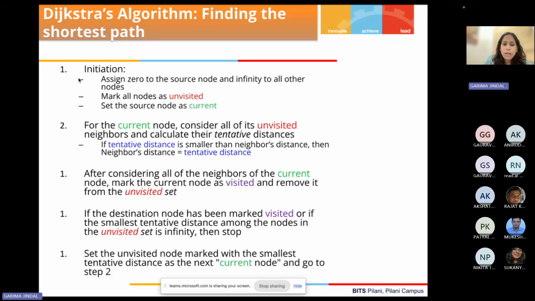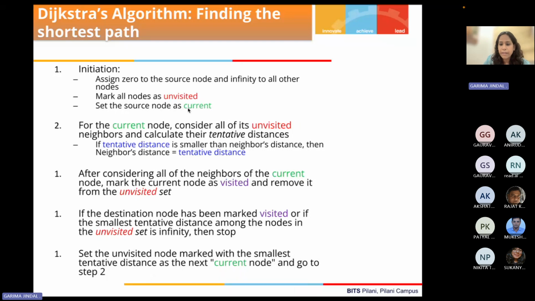And you will mark all the nodes as unvisited, since we are starting the algorithm. Then set the source node as the current node.